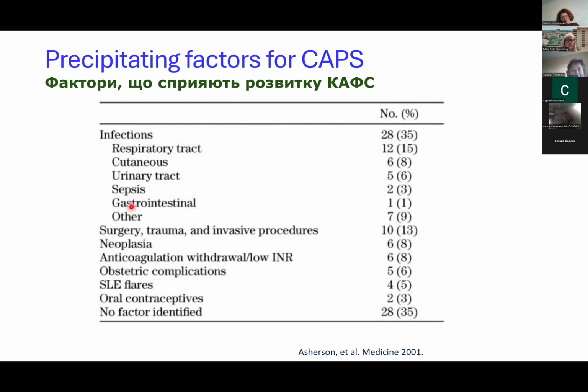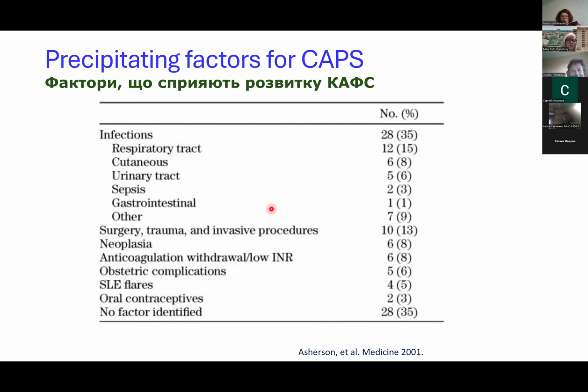I'm sorry, I misread my title. So severe infections can precipitate CAPS. Surgery, trauma, or invasive procedures can as well. And again, surgery and trauma, all of these usually cause some epithelial or endothelial surface injury, or it could be muscle or other things, where there's a lot of tissue factor release.